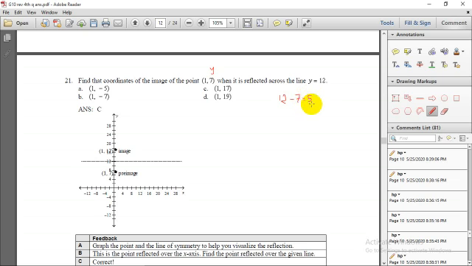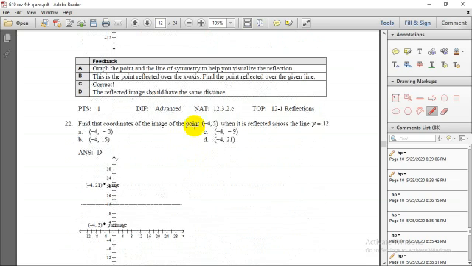Then I'm going to add the 5 to the line. Then 5 plus 12 is equal to 17. 17 is my new y. Very good. And my x will be the same. It will be 1 and 17, which is C. Okay? Very good.